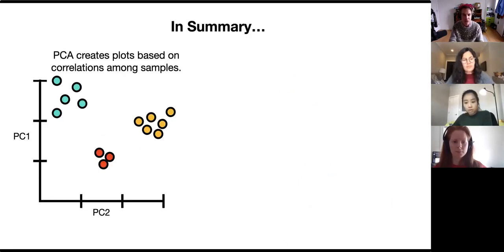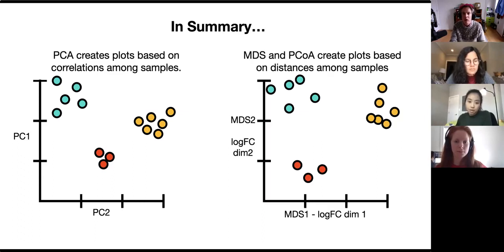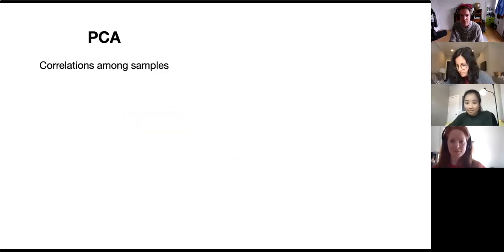Okay, so in summary, PCA creates plots based on correlations among samples, or fitting those best lines. MDS and principal coordinate analysis, I'm stumbling all over my words, create plots based on distances among samples.